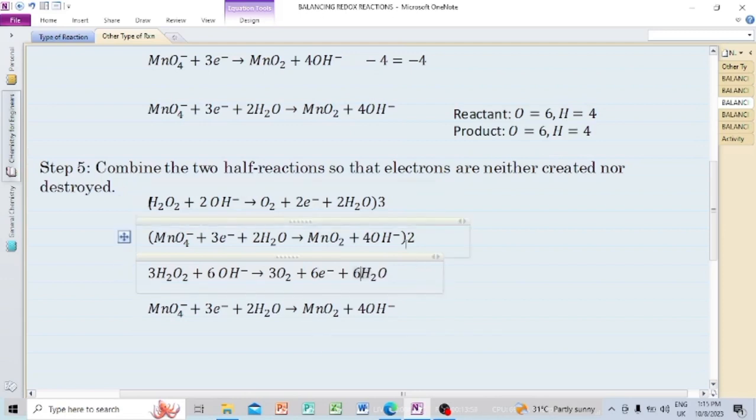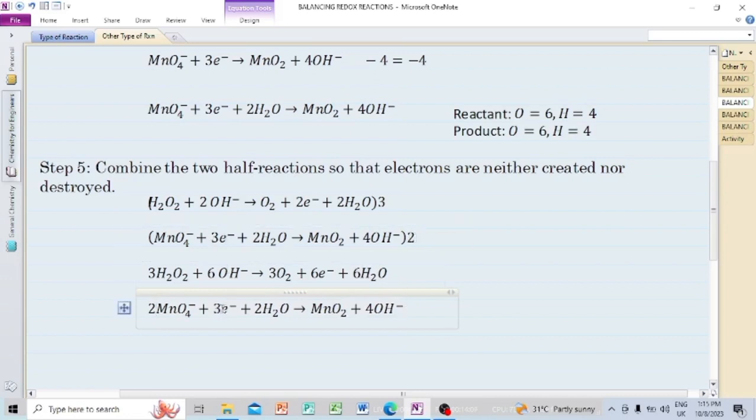Dito naman, 2 times MnO4 is 2MnO4 plus 2 times 3 electrons is 6 electrons, and 2 times 2 water is 4 water. 2 times MnO2 is 2MnO2, and lastly 2 times 4 hydroxide ion is 8 hydroxide ion.